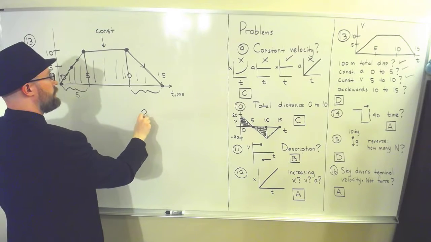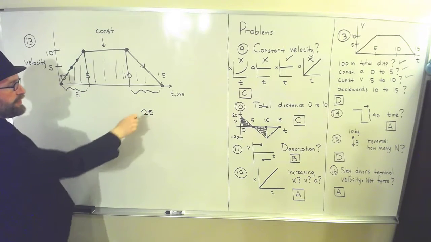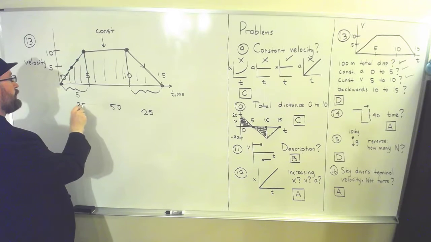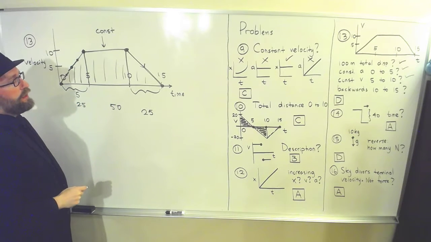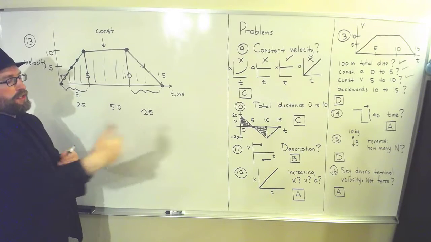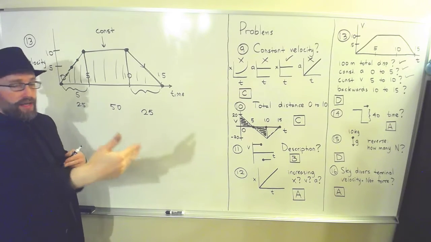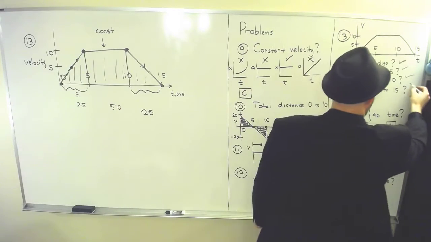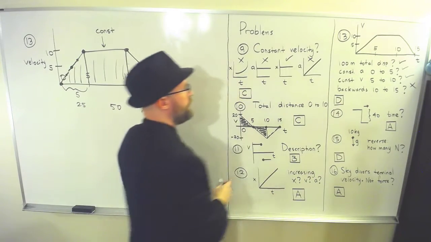Remember, we figured out that over this interval, in fact, the displacement increases by 25 meters. Here it was 50, here it was 25. So, no, it's not going backwards, it's continuing to go forward. It's going forward and slowing down. That's the point, it's slowing down. So this one is false. That's the only one that's false, and that's answer choice D.